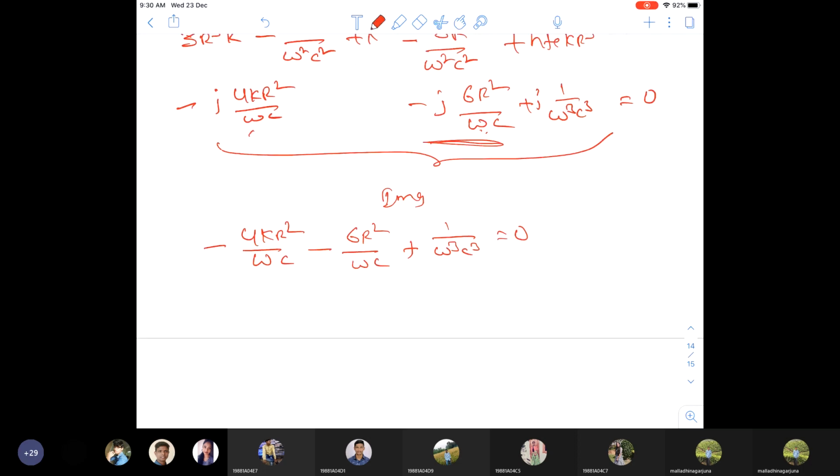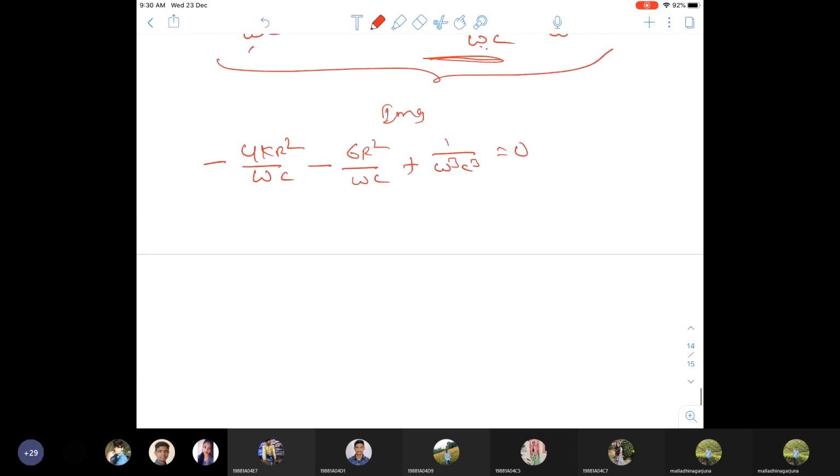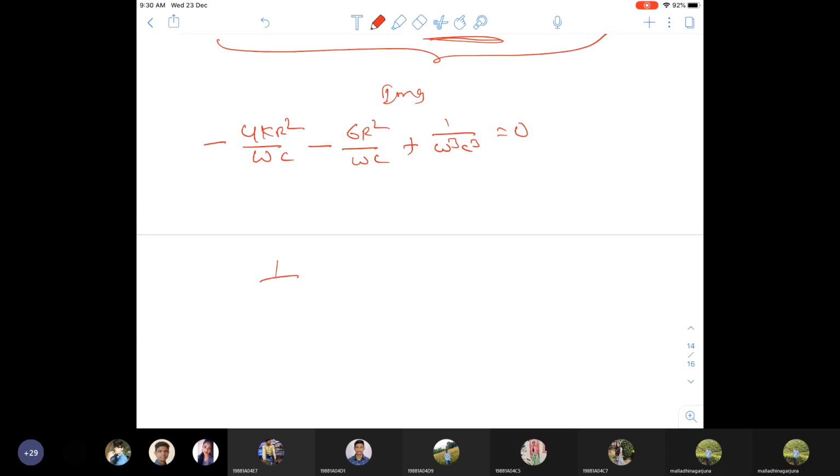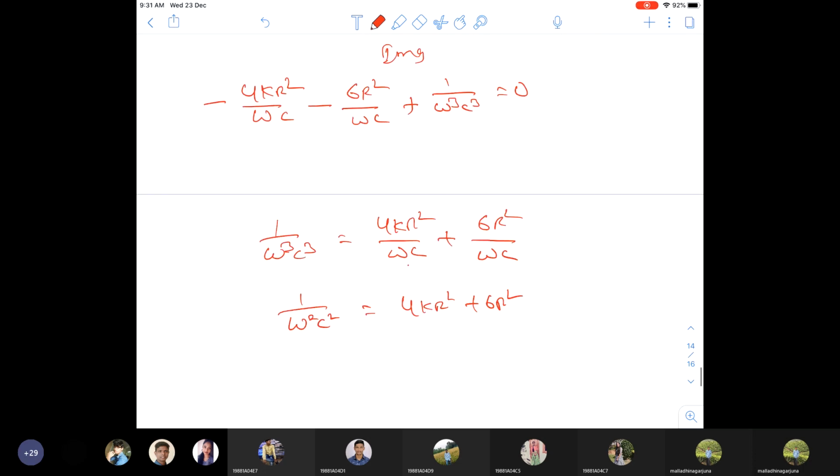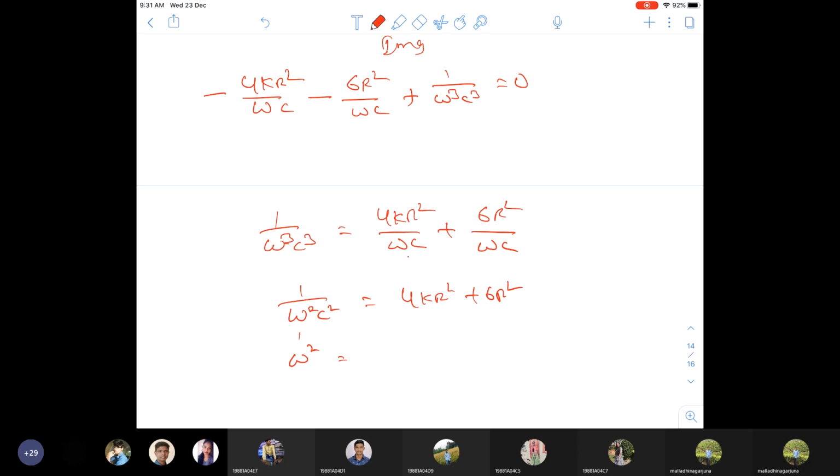Okay, so minus k r square, so this is the one. 1 by omega cube c cube equal to 4r square by omega c plus 6r square by omega c. So you can write 1 by omega square c square equal to 4k r square plus 6r square. So 1 by omega square equals r square c square into 4k plus 6.